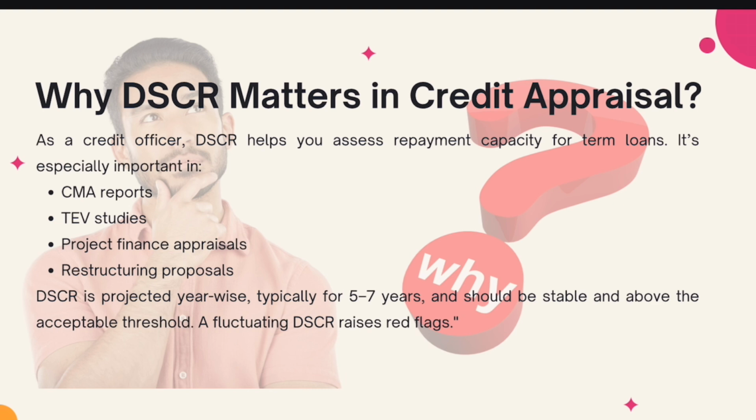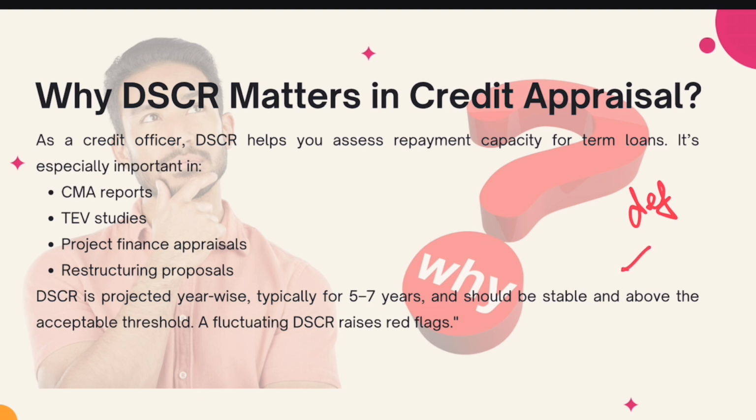Banks and NBFCs want to lend to businesses they can trust to repay. Unlike collateral security, DSCR gives them confidence that your business cash flow is healthy, even if at times it gets tough. So, a high DSCR means you are less likely to default. You may get loans at lower interest, right?